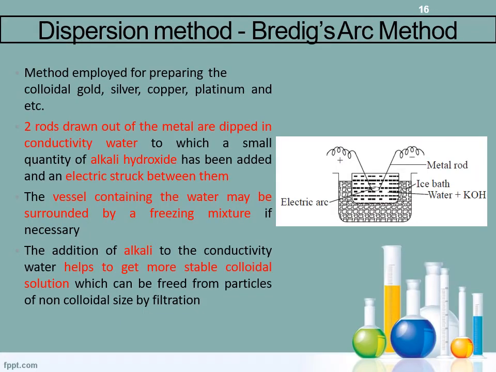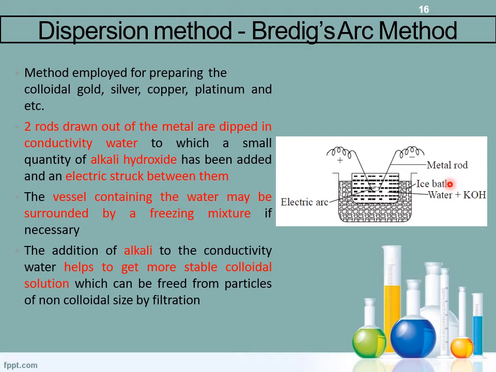Bredig's arc method. This method is used to prepare colloidal solutions of metals such as platinum, silver, copper, or gold. The metal whose colloid is to be prepared is made into two electrodes immersed in a dispersion medium such as water. The dispersion medium is kept cool by surrounding it with a freezing mixture, or we use an ice bath.